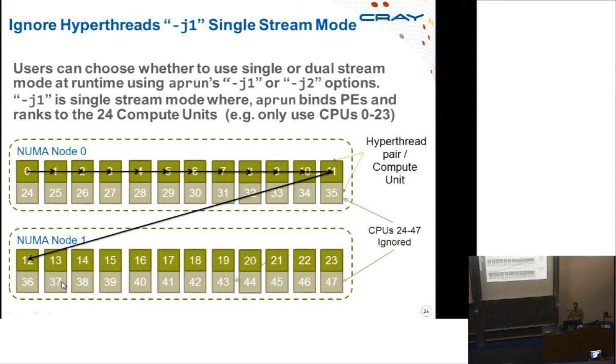The first 12 are assigned to the first NUMA node in order, the second set to the second NUMA node in order. We're going to completely ignore the existence of CPUs 24 to 47 from the user's application perspective. So in all respects and purposes, the -j1 option means that you are running on a node which has only 24 CPUs.